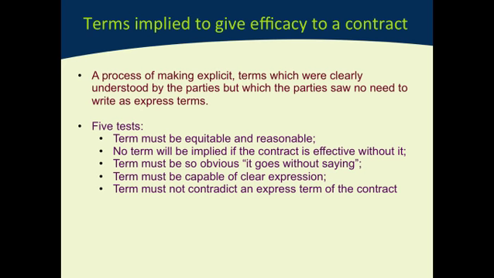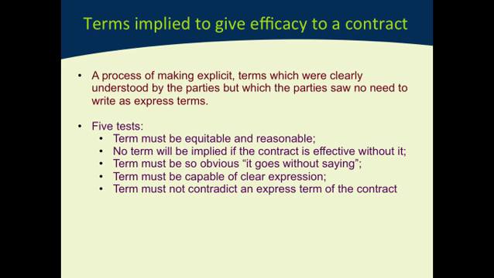You see, whilst it is open for parties to make a contract which is inequitable and unreasonable, if the parties are going to do that, then they probably better make it explicit. It's not really reasonable to expect the court to come along and say, okay, we're going to imply new terms into this contract which the parties didn't think of putting in themselves, and we're going to imply terms which we consider to be inequitable and unreasonable, but we think that's where the parties were going.